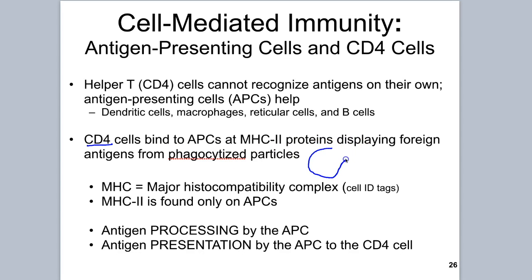Here's our phagocytic cell. It already consumed a pathogen, and let's draw the pathogen in here. Let's draw the vesicle that is holding the pathogen. And here's our pathogen. Let's make our pathogen red. Here's our little pathogenic particle. Maybe it's a protein, maybe it's a whole bacterium.